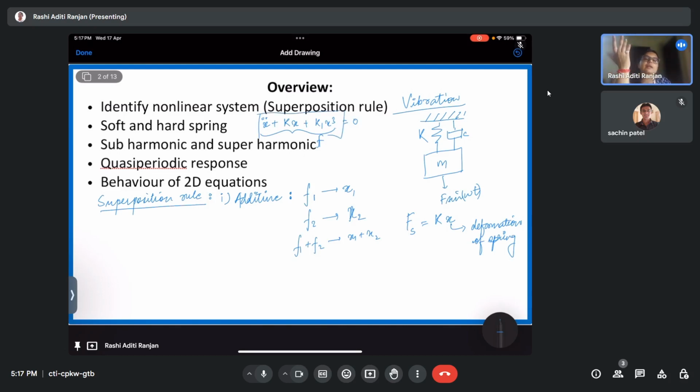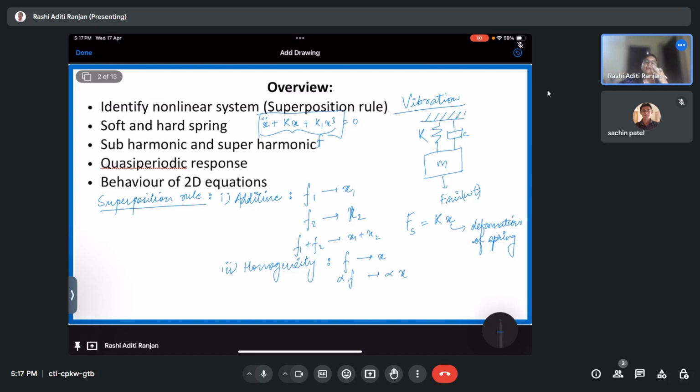And I hope that after learning this course, you people must have developed an intuitive understanding that by only seeing the equation, you could tell that my equation is nonlinear. And the second one was your homogeneity rule, or homogeneity property, wherein if your f gives you x, then your alpha f should give you alpha x.